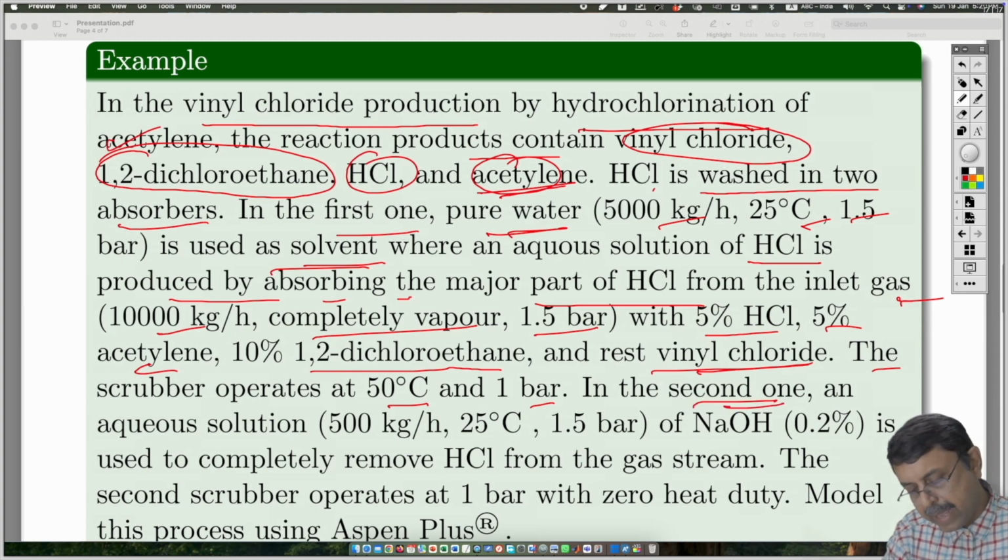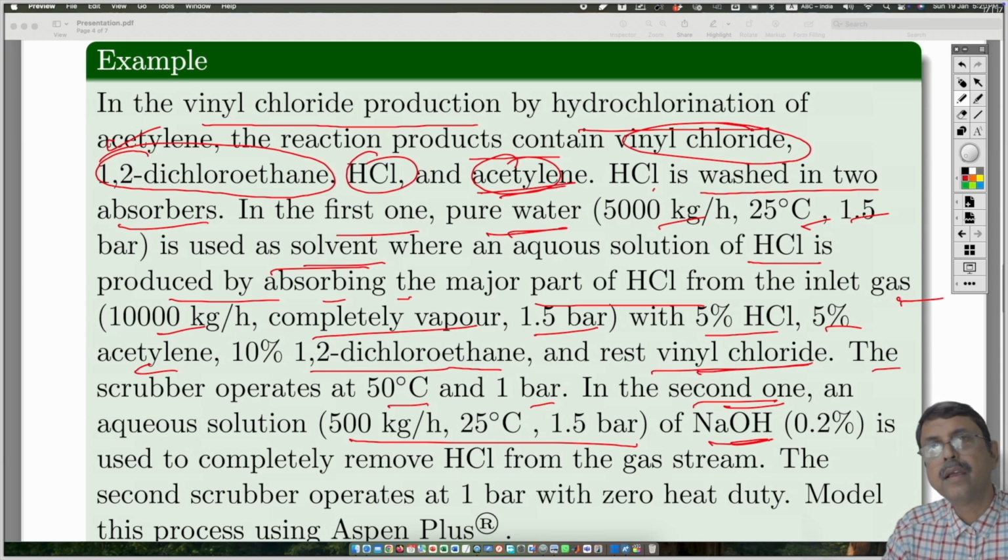The second one, the aqueous solution whose flow rate, temperature, pressure has been given, of NaOH. So it is a solution of NaOH in water. 0.2% NaOH is used to completely remove HCl from gas stream. So we have not only water, but in water we have given some NaOH so that the rest of the HCl which is there in the gas stream can be removed.